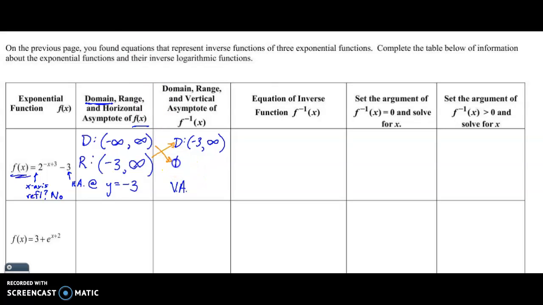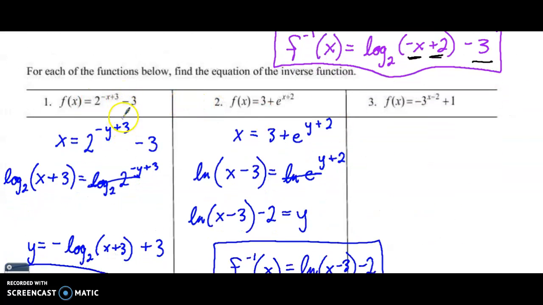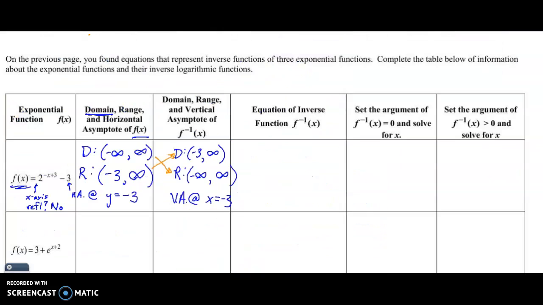So therefore, the range is all reals, negative infinity to infinity. And the vertical asymptote will be at, well, y becomes x equals negative 3. Now I believe we just found the equation of the inverse on the previous page. I don't know if you noticed, these are the same equations, so you don't have to go through the same work. So my answer is negative log base 2 of x plus 3 plus 3.